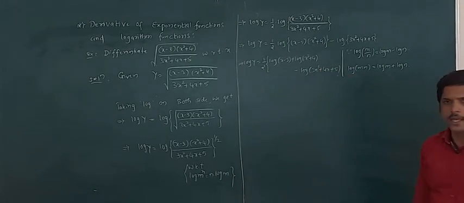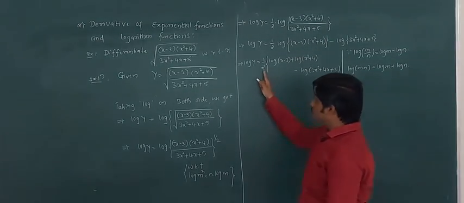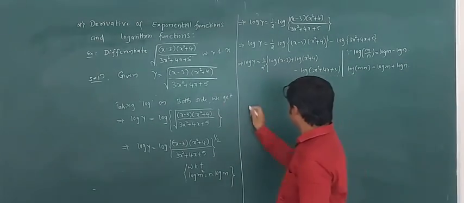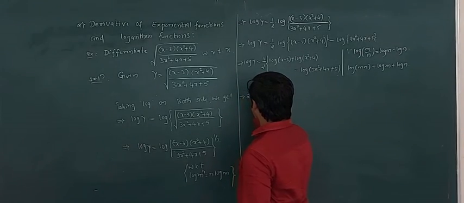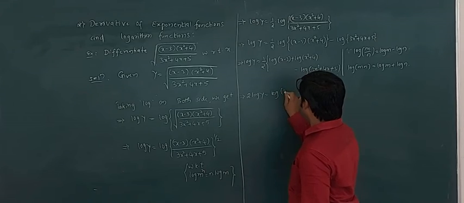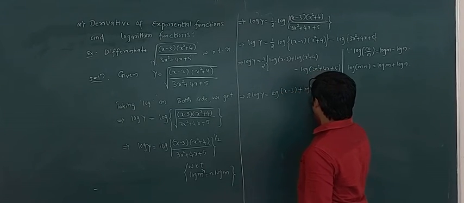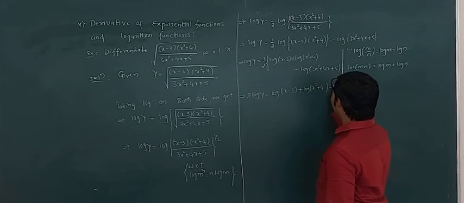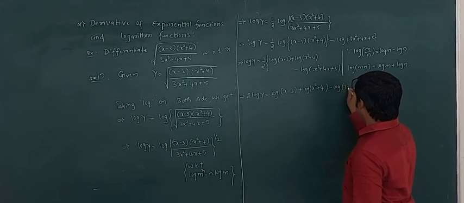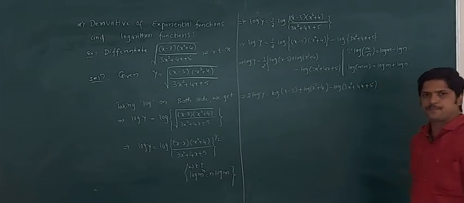Okay, the second log function is as it is. Now transfer this 2 to the LHS part. We get here 2 into log y is equal to log of (x minus 3) plus log of (x square plus 4) minus log of (3x square plus 4x plus 5).